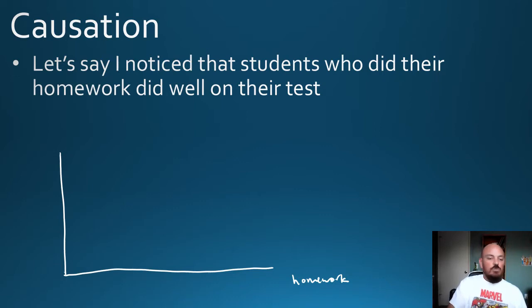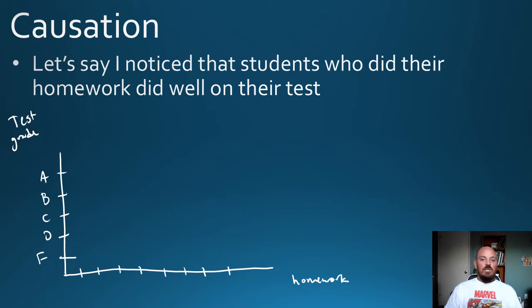For this particular module we did 1, 2, 3, 4, 5, 6, 7, 8 assignments. And then over here was the test grade. We'll start at the lowest, say an F down here, and it works its way up: F, D, C, B, A.